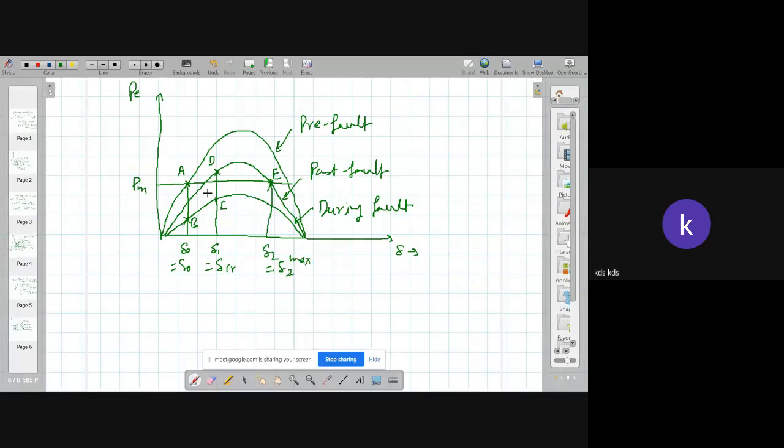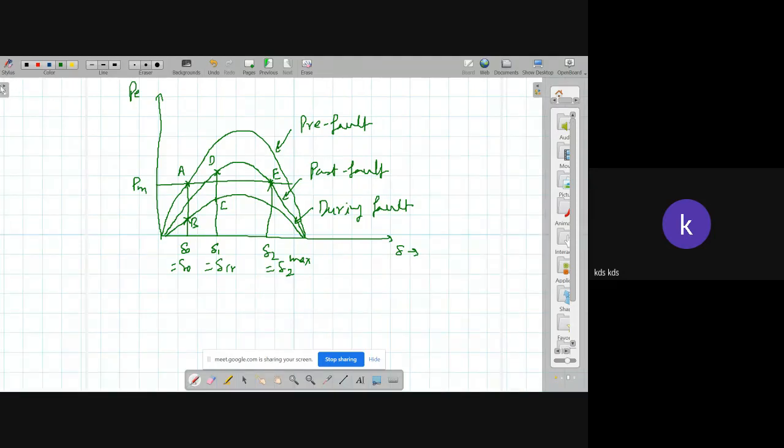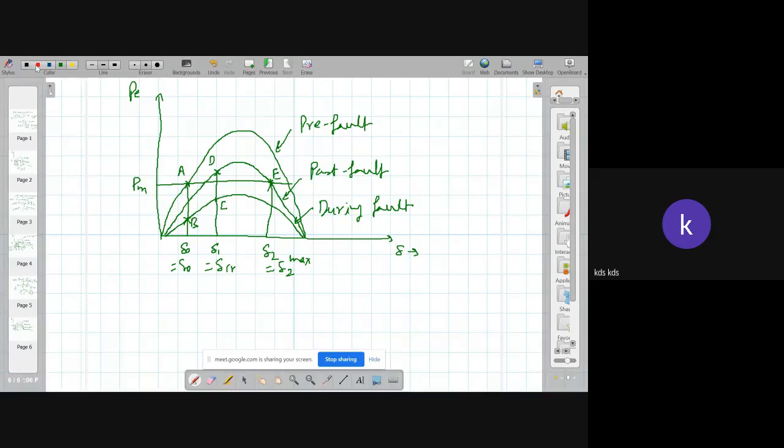Now we plot the two areas. Let's say this is the accelerating area between PM and the during fault curve, and the decelerating area is between the post fault curve and PM.